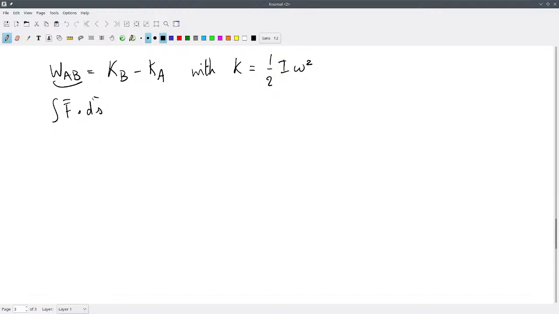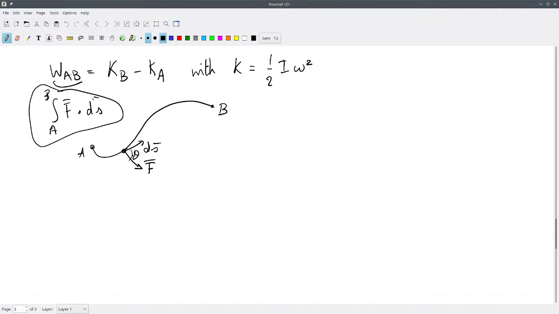Some trajectory from some point A to point B. We have little vectors ds here, and there's a force that applies along that trajectory, and there could be an angle theta here, so we have to consider the direction here.